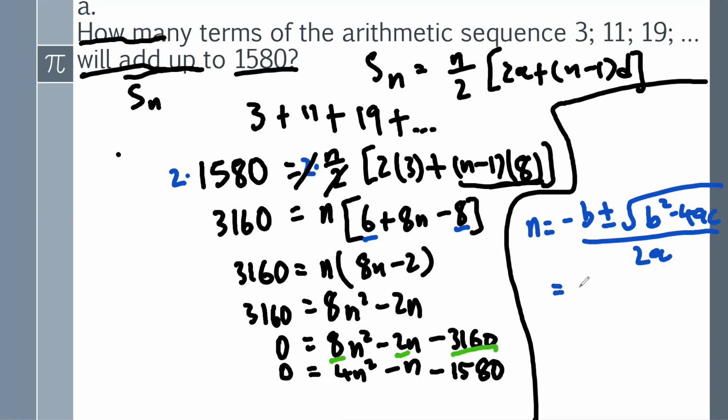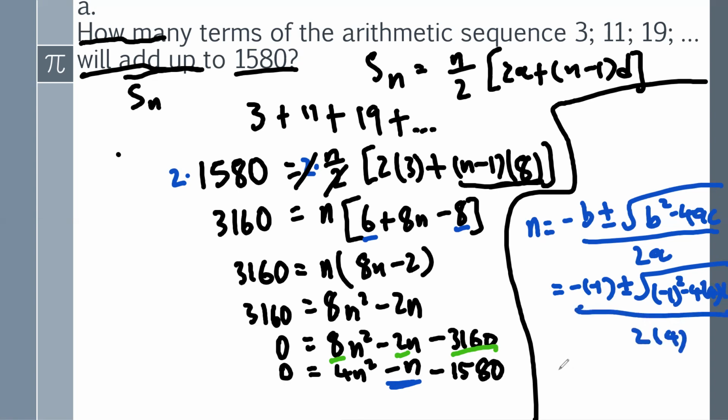The coefficient of the middle term is a negative 1, so we're going to substitute. It is very important to show this substitution in your final exam. Don't just plug it in your calculator. I know you often do that. 4a is a 4, and we know c is a minus that thing. I don't have enough space, but I hope at this stage you do know what I am doing right now.